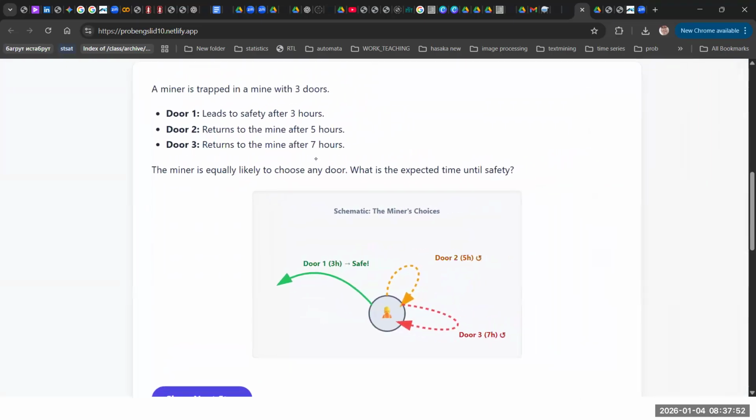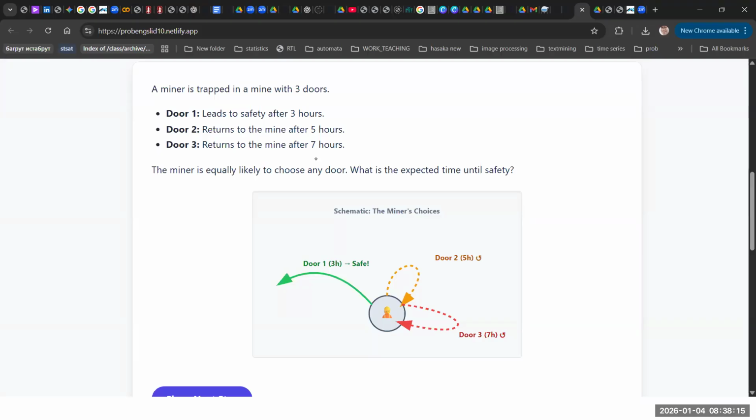So we have a miner in a mine, in a room, and the room has three doors. One door leads to his home, to safety, after 3 hours. It's a very good door. Two additional doors lead to the same room.